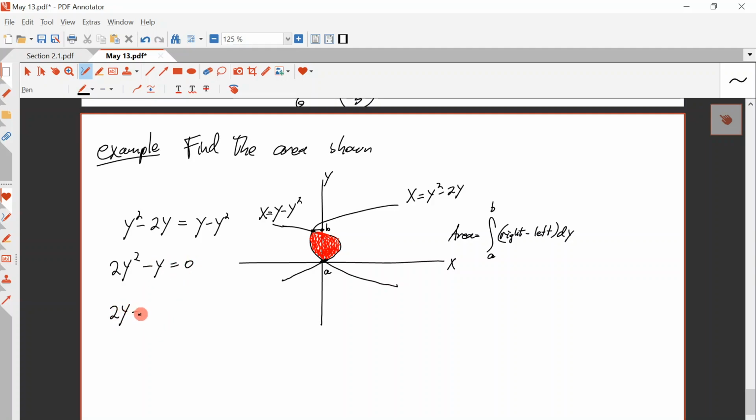So I have 2y minus 1 times y is equal to 0. So y is equal to 0. That's that point right here. Or y is equal to a half. And that's, yeah, half. I guess the way I drew it didn't quite work out nicely. So this is 1/2 and this is 0.